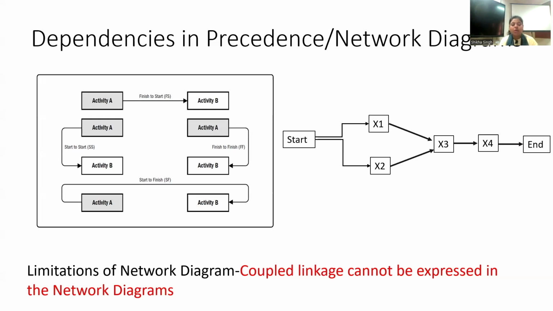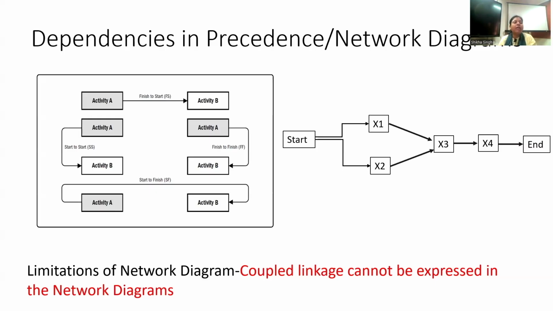So this is the limitation of the precedence diagrams which we usually follow in project management, right? However, there are ways to express these coupled links or interdependent tasks in the structure matrix or structure architecture.